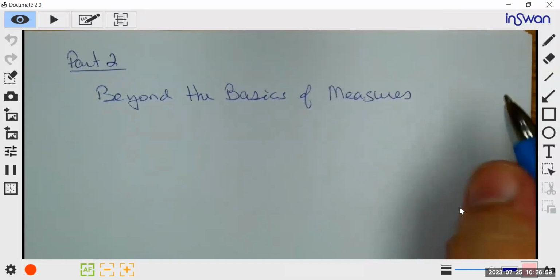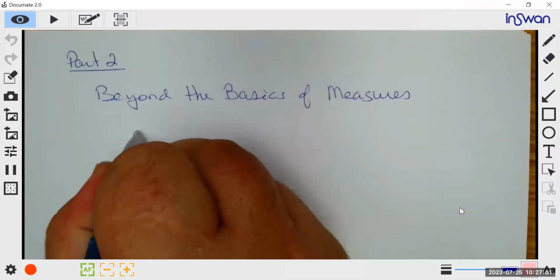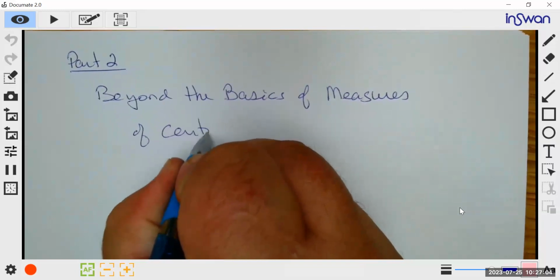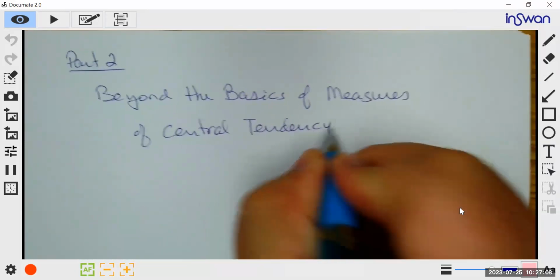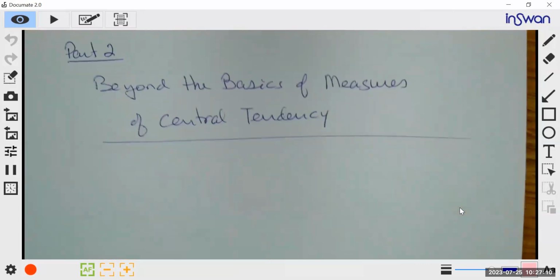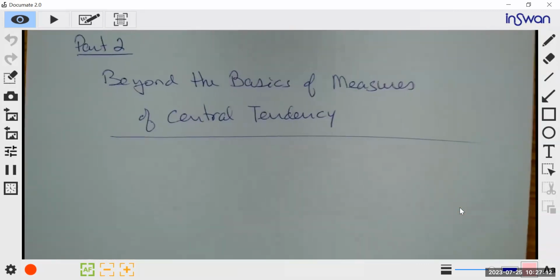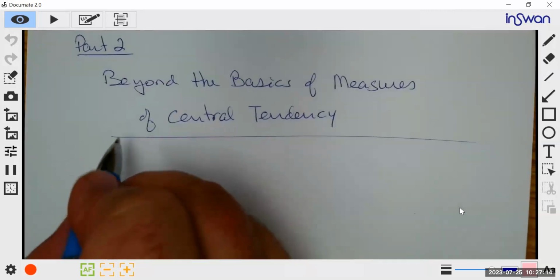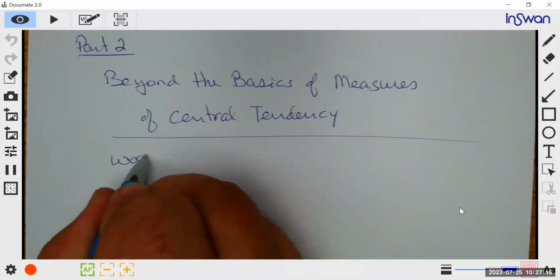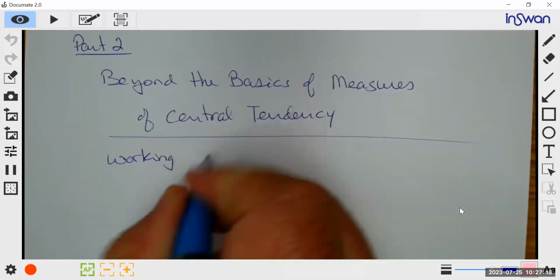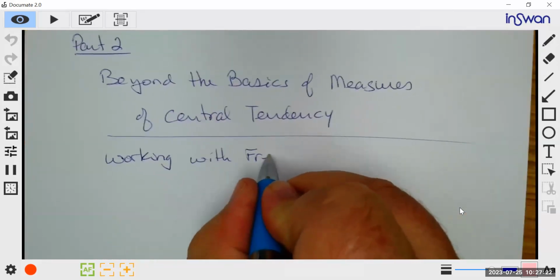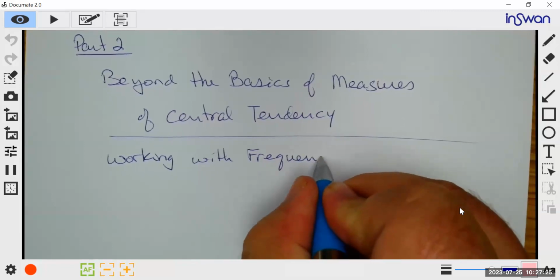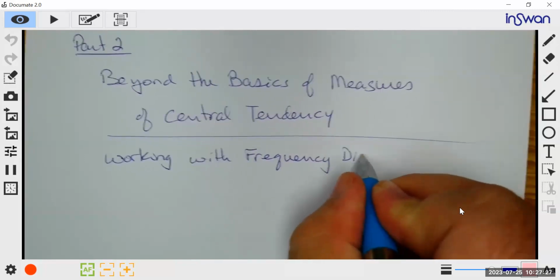Next part, beyond the basics of measures of central tendency or measures of center. Working with frequency distributions.